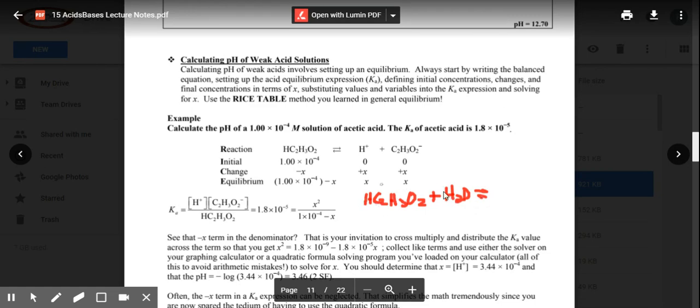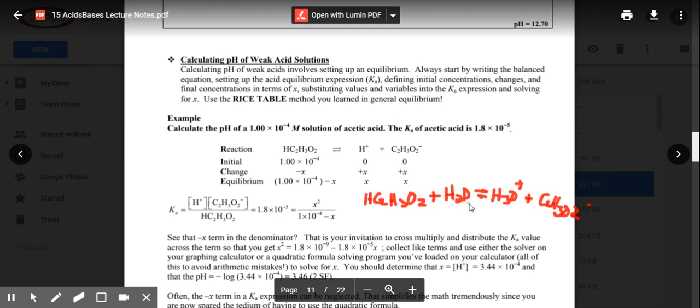Now our acid is donating the proton, so it's going to be H3O plus and C2H3O2 minus. And we have our conjugate acid and our conjugate base. So all we're doing is writing that reaction of this acid-base reaction.